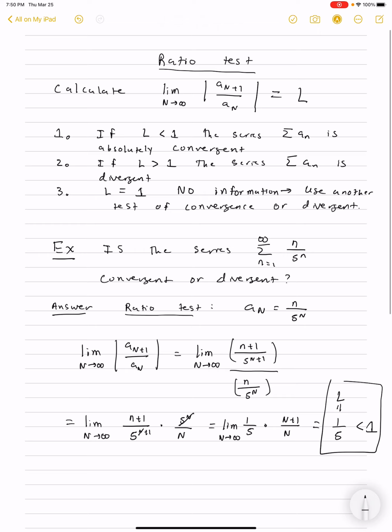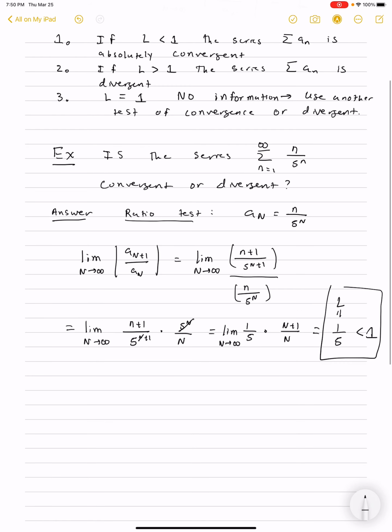So we refer back up here, and we go to case 1, where the limit is less than 1, and our conclusion is the series of n over 5^n is absolutely convergent.